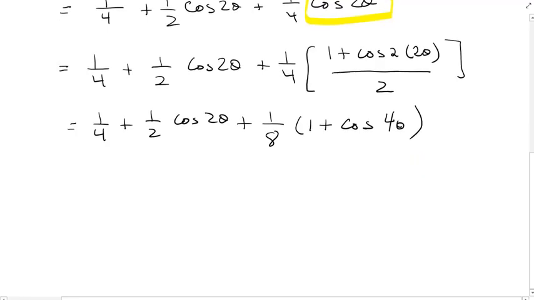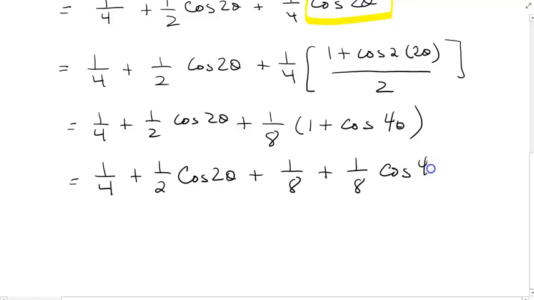Okay, I'm going to clean that up just a little bit more. I'm going to distribute into all my terms. 1/4 plus 1/8 is, I'm sorry, 1/4 is 2/8, so 2/8 plus 1/8.